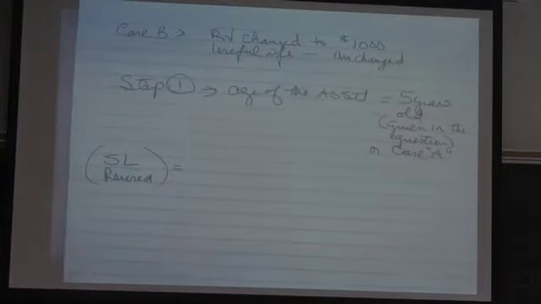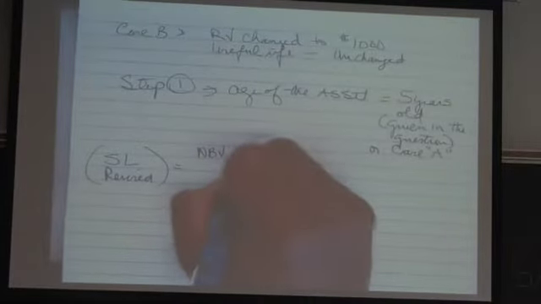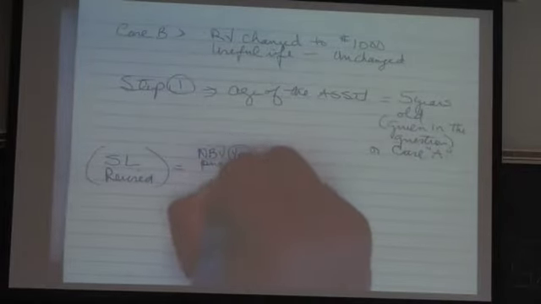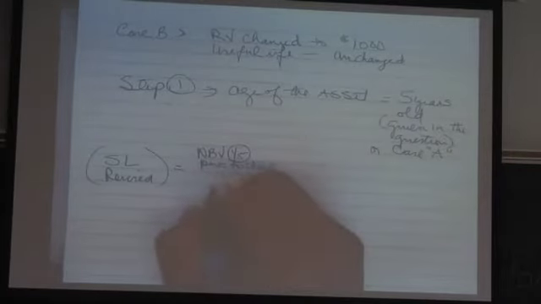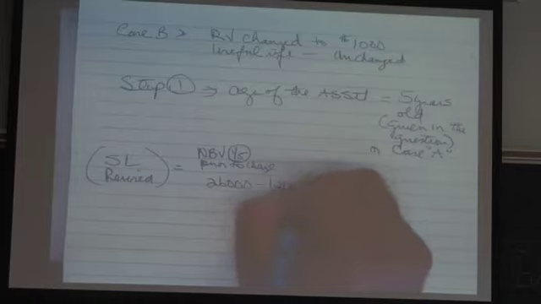Again, it's always the net book value prior to the change. The net book value prior to the change would have been at the end of year 5. So that would have been 26,000 minus 12,000.